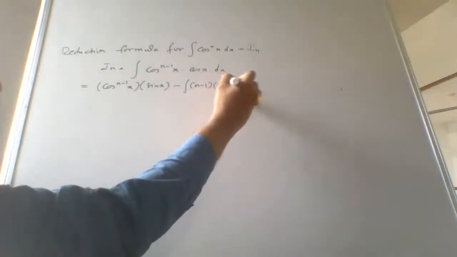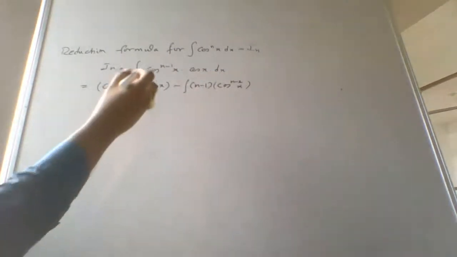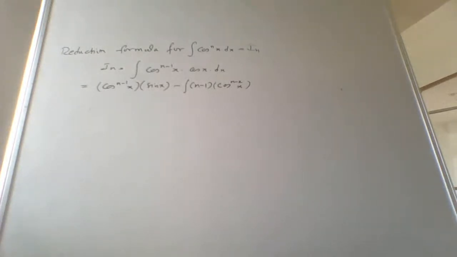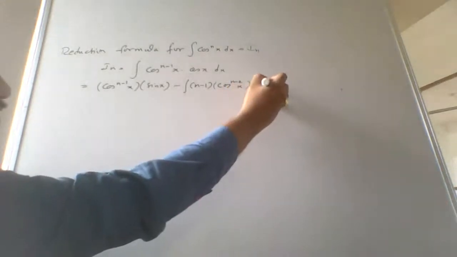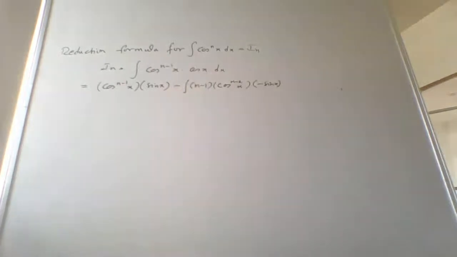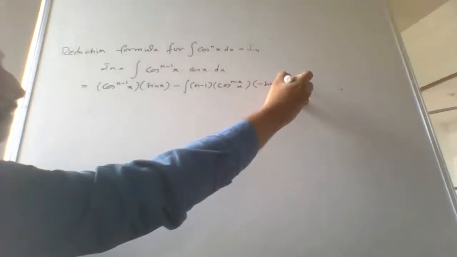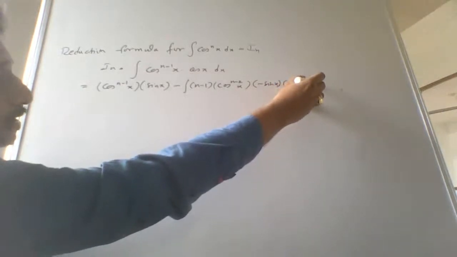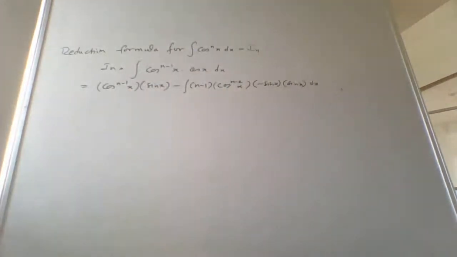Again the derivative of cos is minus sine, so we have sine x also here, dx. That's what we get.